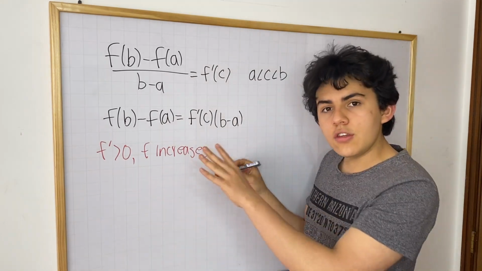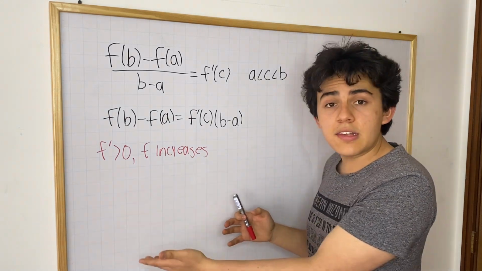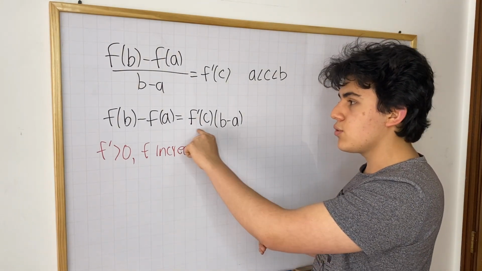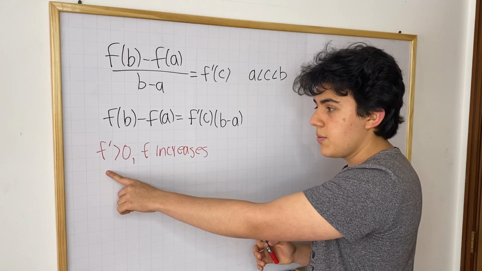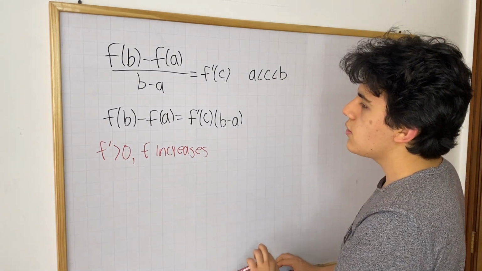This is a statement that usually you take for granted and you don't really give it too much thought because it makes sense and it's very intuitive. But actually, you can use the mean value theorem to prove this statement. If f prime is positive, then f must increase, okay? So let me show you how you can do that.